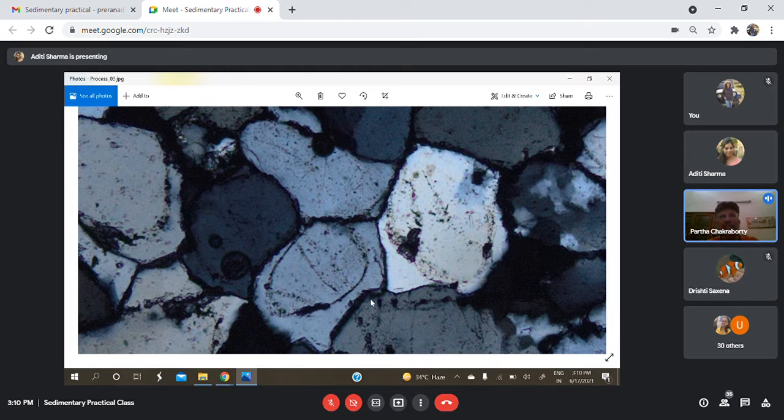The grain is in point contact with the other grains. Another grain, on the right of it, also has cement, but only restricted to some part, because those parts were in contact with the other grain. Cementation is only possible where there is a void space.